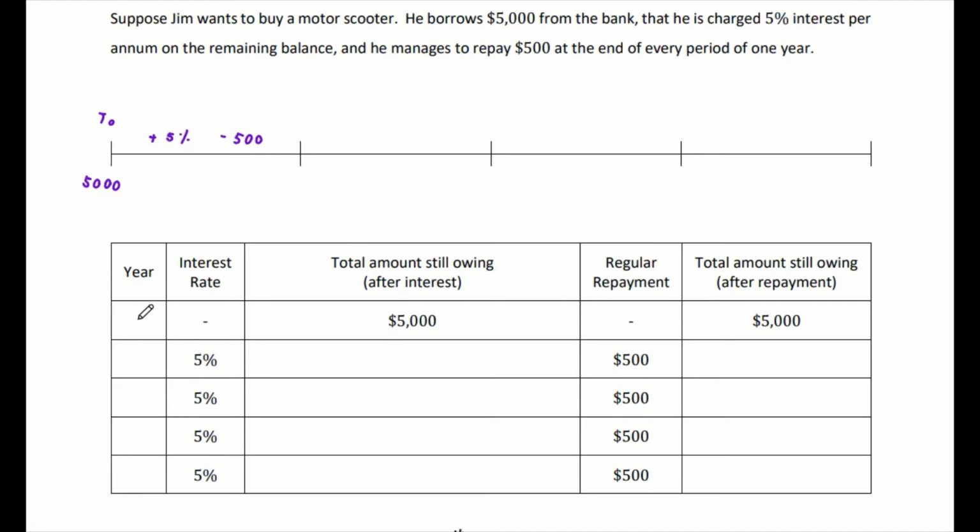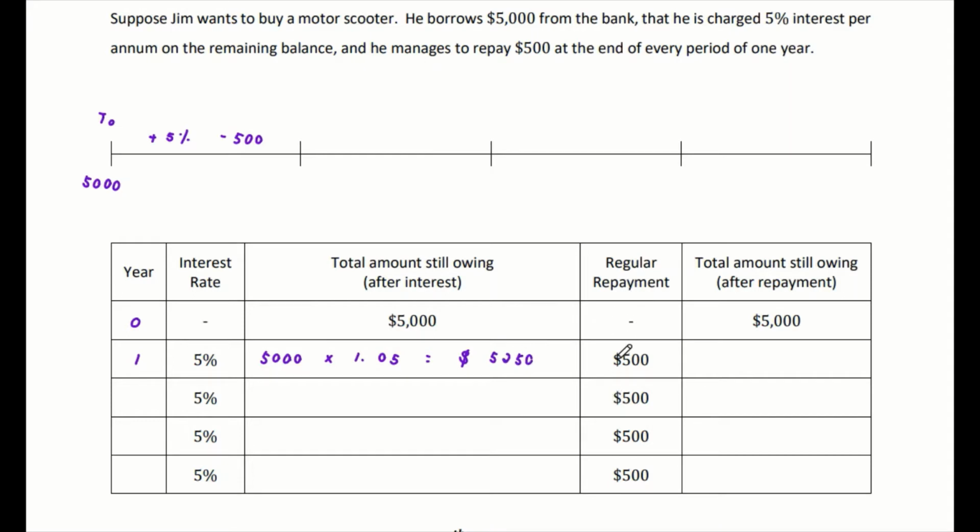Let's calculate this. $5,000 generates 5% interest, so the total amount Jim owes becomes 5,000 multiplied by 1.05. This straight away gives you the total amount, which is the initial 5,000 plus the 5% interest. 5,000 multiplied by 1.05 gives the total amount he is still owing here, which is 5,250.